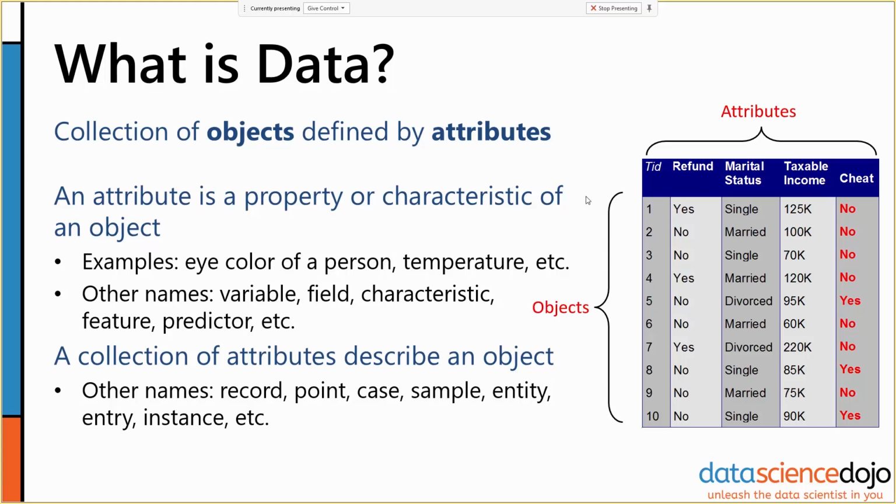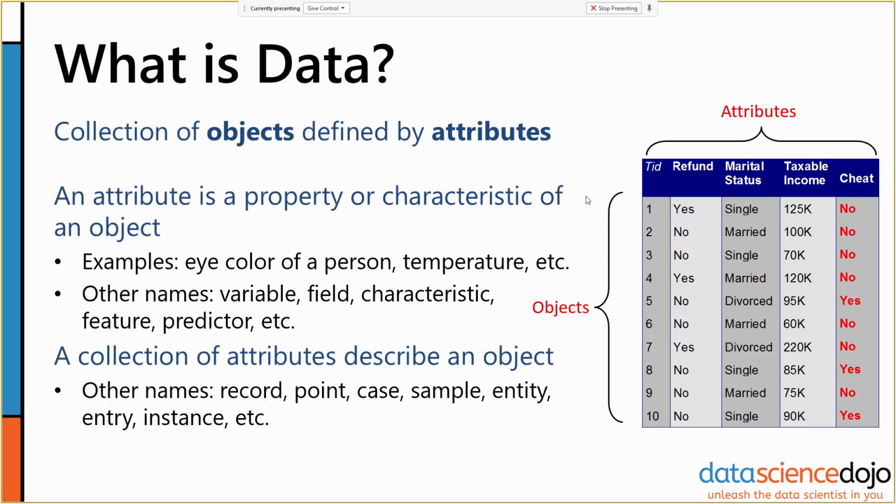Similarly, our objects are basically a collection of attributes. It's kind of a circular definition, but it's what we've got. Each object is defined by its exact attribute values. We'll use the term data objects throughout this talk, but in general, objects have a lot of different names.